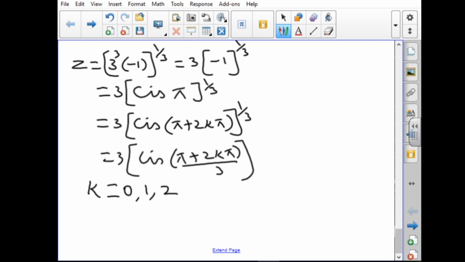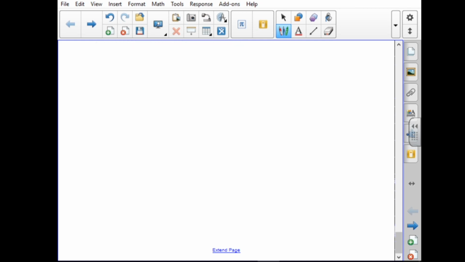When you substitute k is equal to 0, 1, 2, we get 3 roots. No need to substitute the values for 0, 1, 2, we can finish it here itself. So this itself tells you that the equation z cube plus 27 has 3 roots.